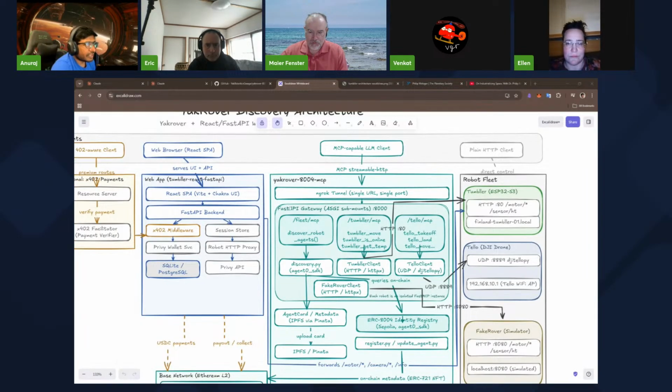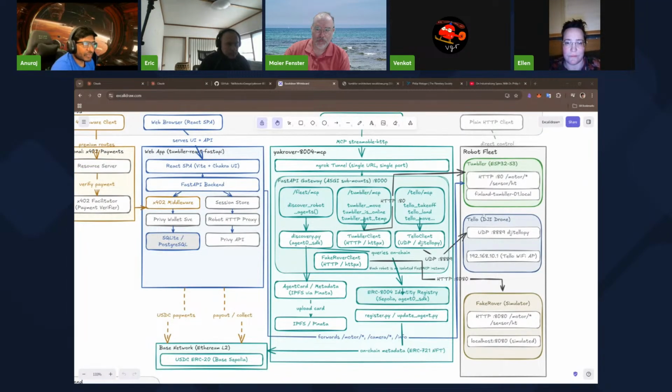This ngrok tunnel is what you register with the script on the IPFS, and then all these robots can be added to the server with a plugin.